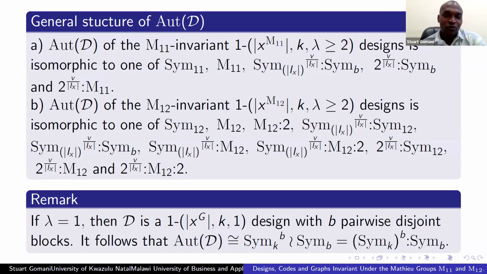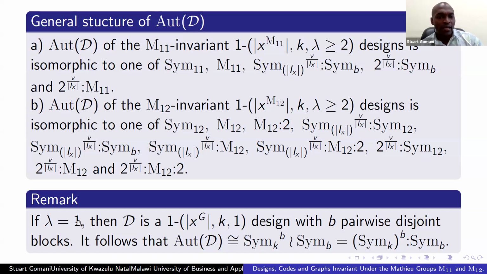For the conjugacy classes of elements of order greater than 2, again, the intersection of lambda blocks and the size of the point set of the reduced design becomes absolutely critical in determining the automorphism groups of the designs for lambda values that are at least 2 in both cases.